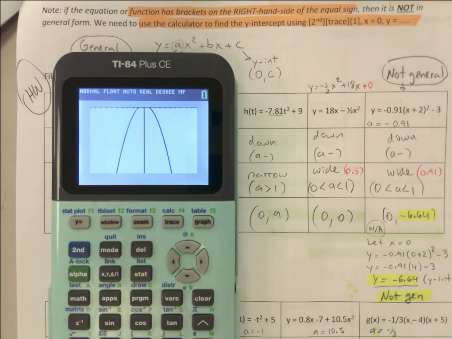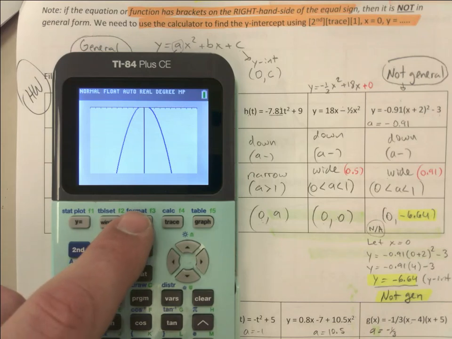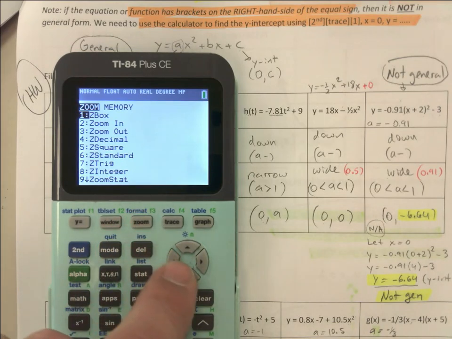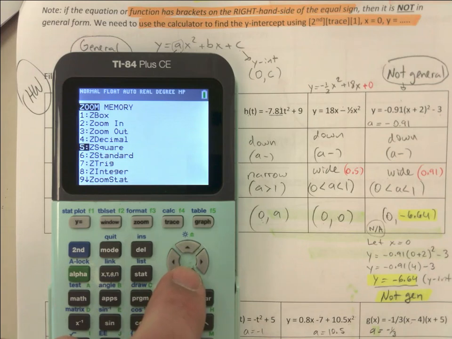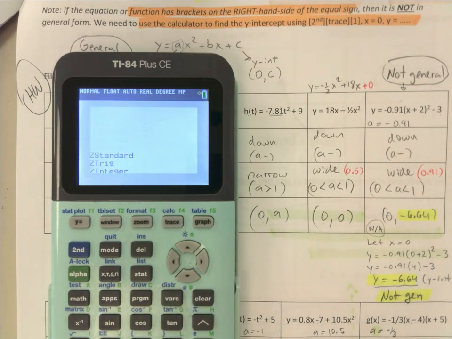Now, listen to this part carefully. If you press zoom fit at this point, everybody's gonna get a different final answer because the calculator is trying to make that fit based on what you currently see. So I will go zoom standard first. I recommend everybody try zoom standard first.